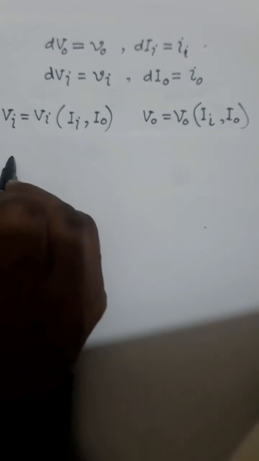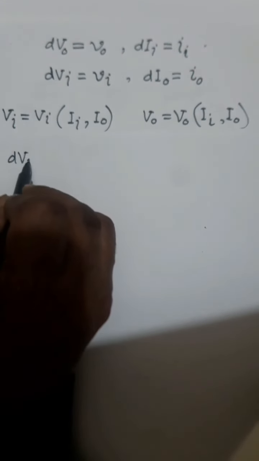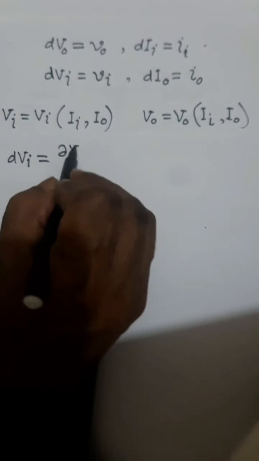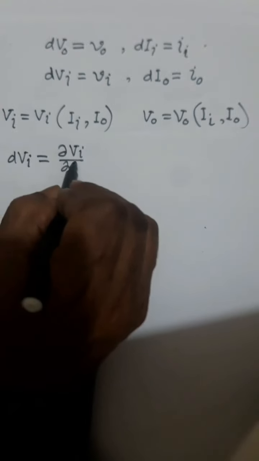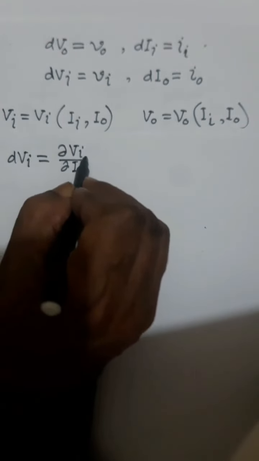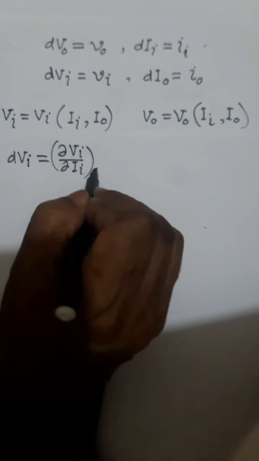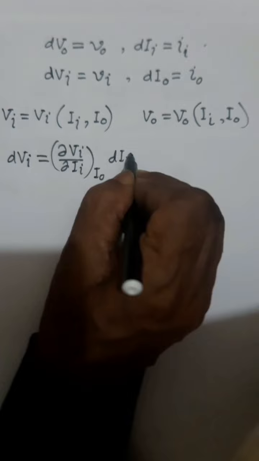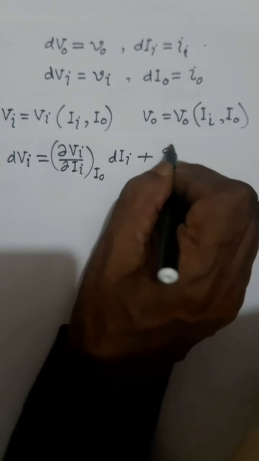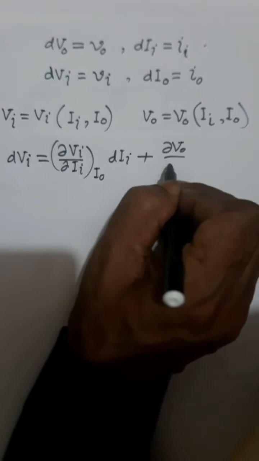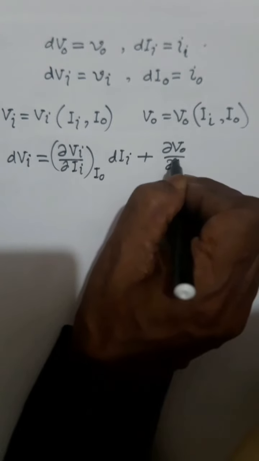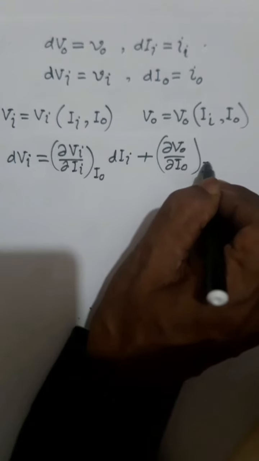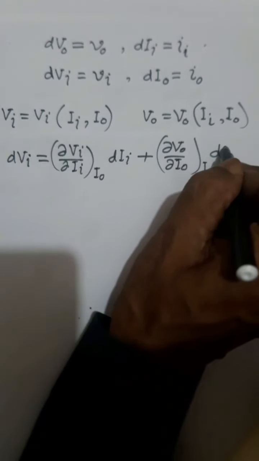Therefore, dVi equals del Vi by del Ii, constant Io, dIi, plus del Vi by del Io, constant Ii, dIo.